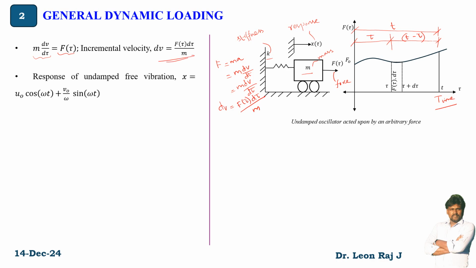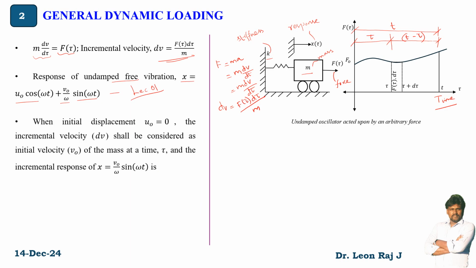The response of undamped free vibration is x equals u0 cos omega t plus v0 by omega sin omega t. You can see the derivation in lecture 1 of structural dynamics.